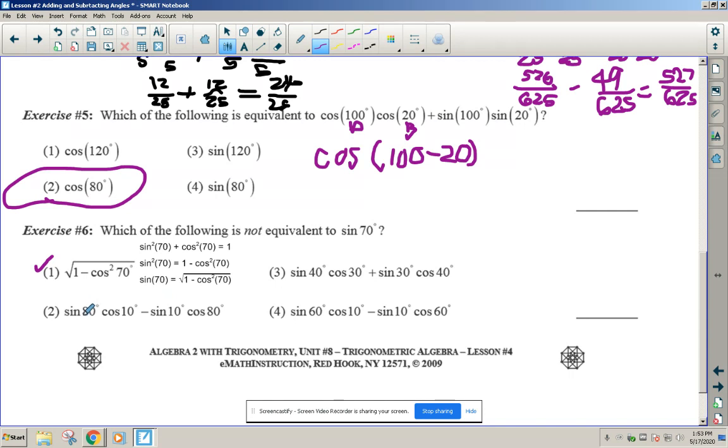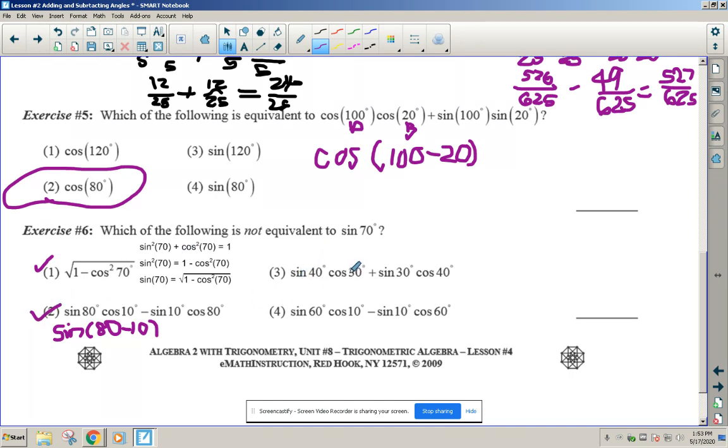This one, if you match your formulas from at the top, this one would be equal to the sine of A minus B. So this would be the sine of 80 minus 10. So this one clearly would be the sine of 70. So that one works.